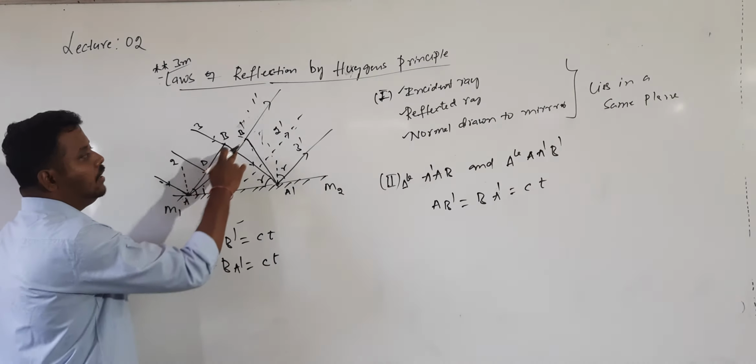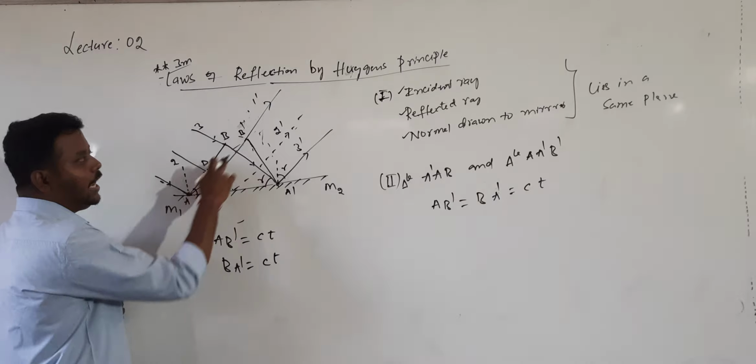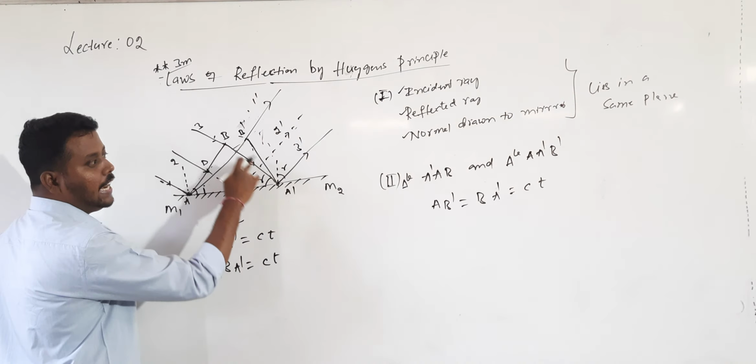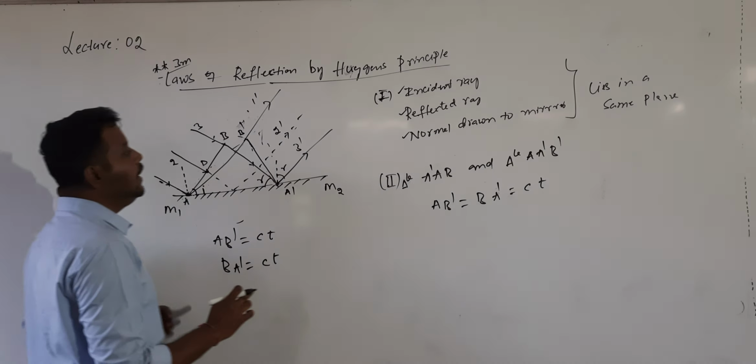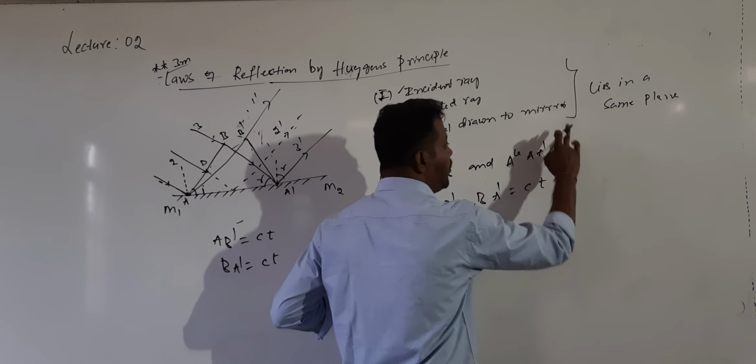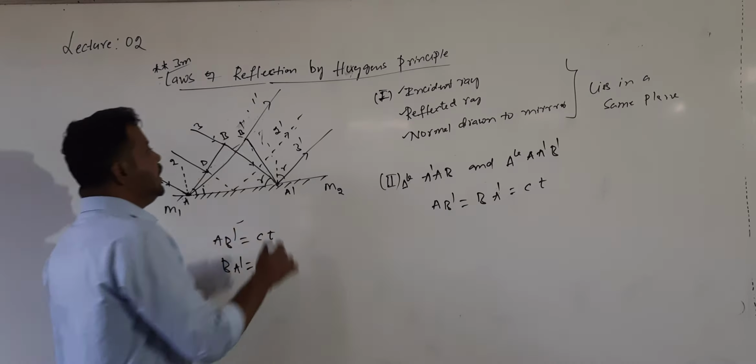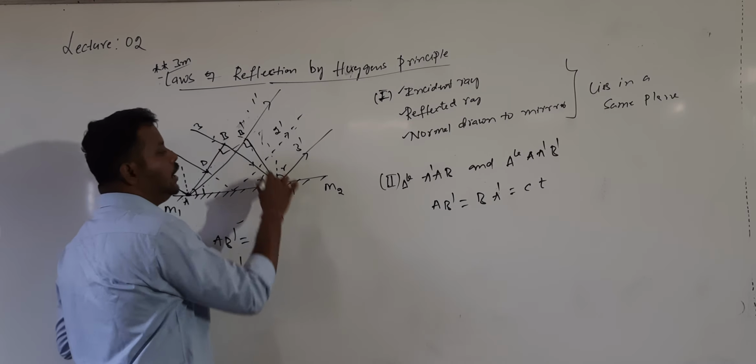From the triangle A dash A B dash, and from the triangle A dash B. So A dash B one angle, and one more triangle is A dash A B dash. In these two triangles, what is the angle at B and at B dash?